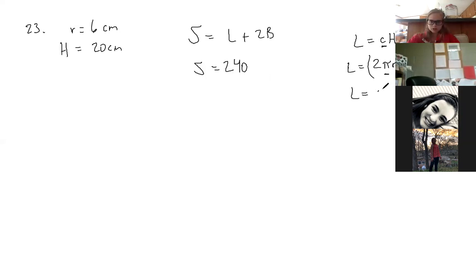So what's your r? My radius? 6. Times your height, which is 20. So what's 2 times 6 times 20?